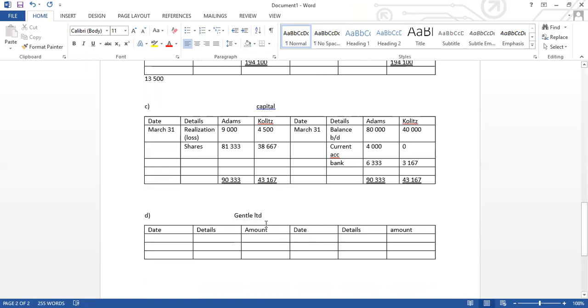So in this case, we are required to draw up Gentle's account. We are told that the partners decided to dissolve the partnership and to sell. We sold the assets to Gentle. The date is March the 31st, and then on the credit March the 31st as well.